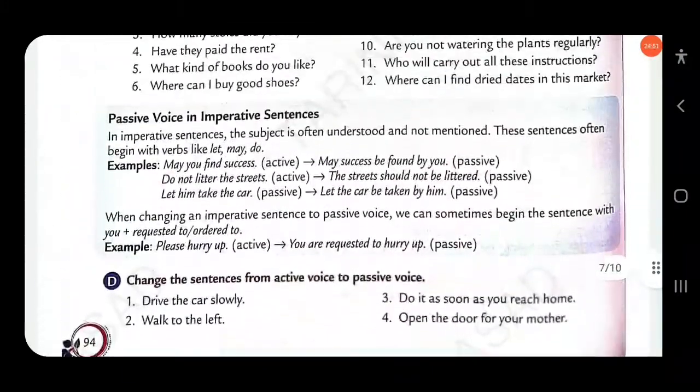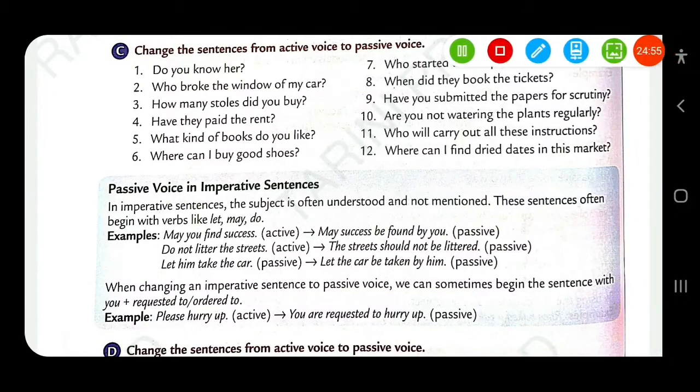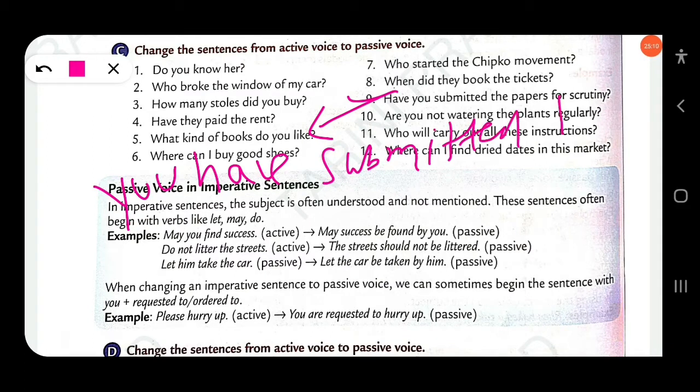Then next question, have you submitted the papers for scrutiny? Here a yes-no question is given, so you have to change it into affirmative. You have submitted the papers for scrutiny.